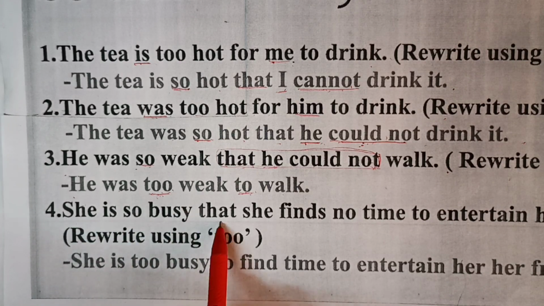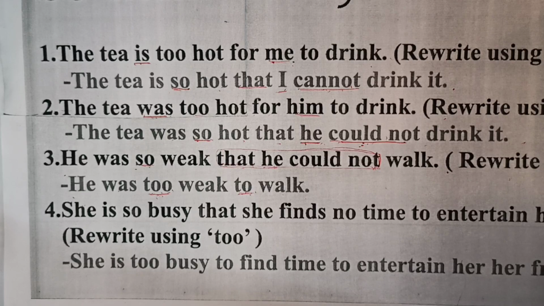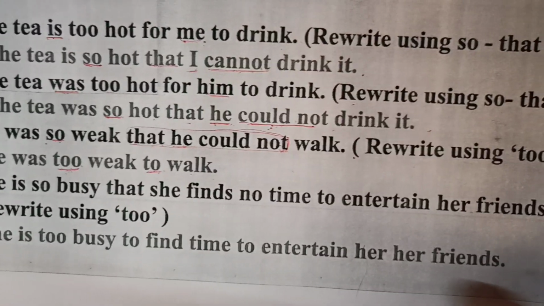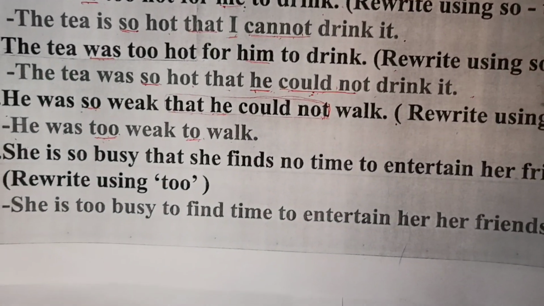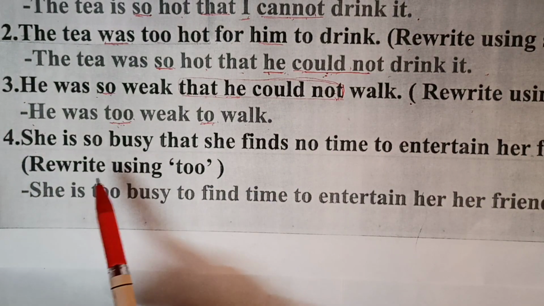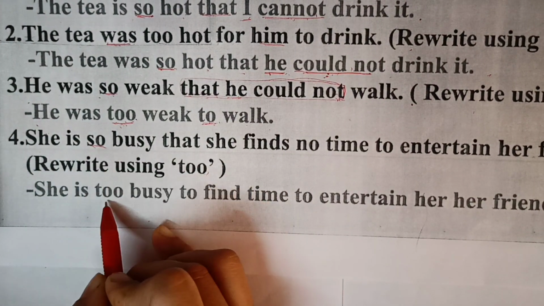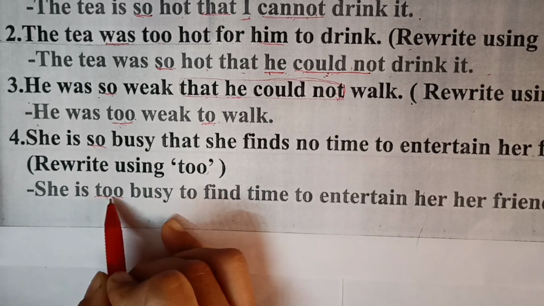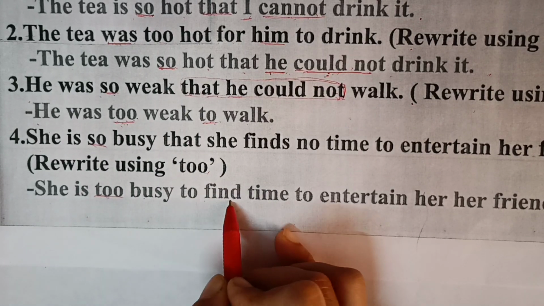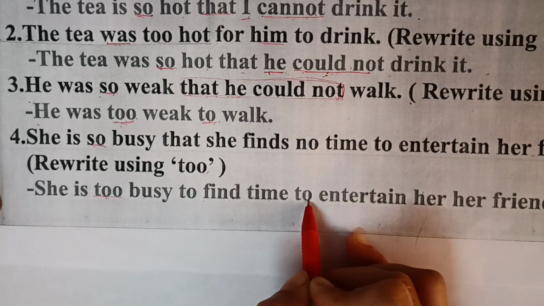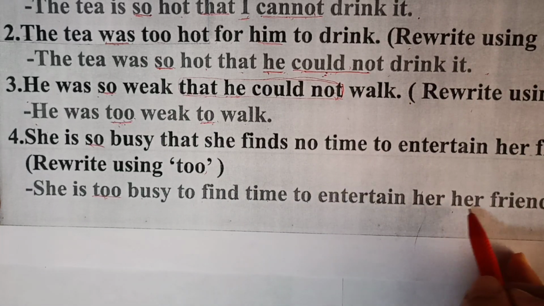She is so busy that she finds no time to entertain her friends. So in this statement, you're asked to rewrite using too. So instead of so, we will write too. She is too busy to find time to entertain her friends.